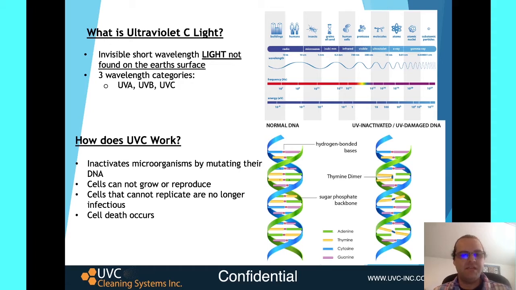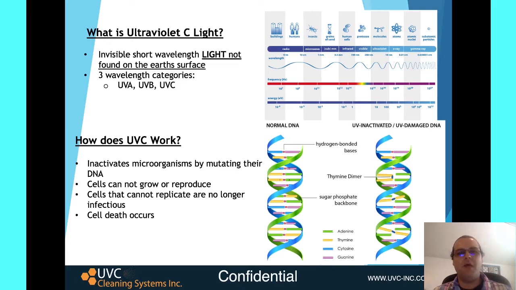The first is it inactivates the microorganisms by mutating their DNA. Specifically, cells cannot grow or reproduce, and if they cannot reproduce, they no longer can replicate or be infectious to others. Eventually, cell death does occur over time.